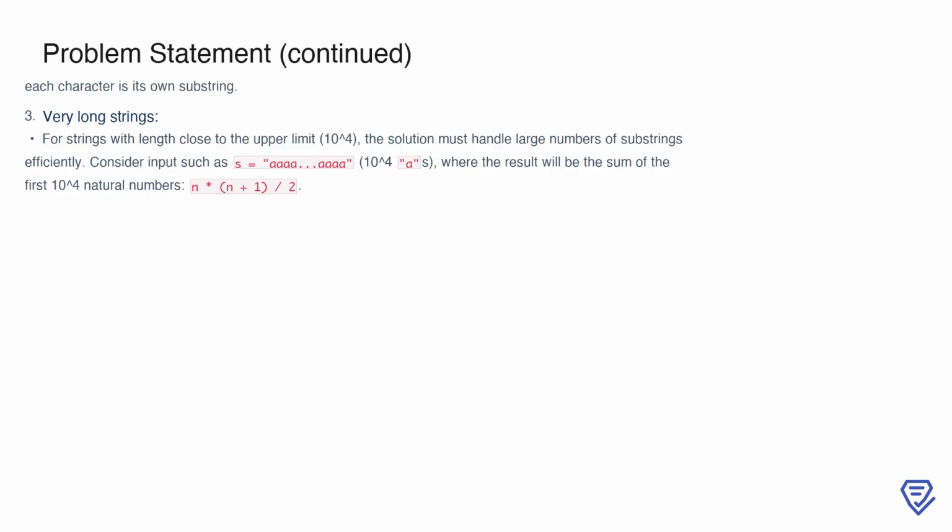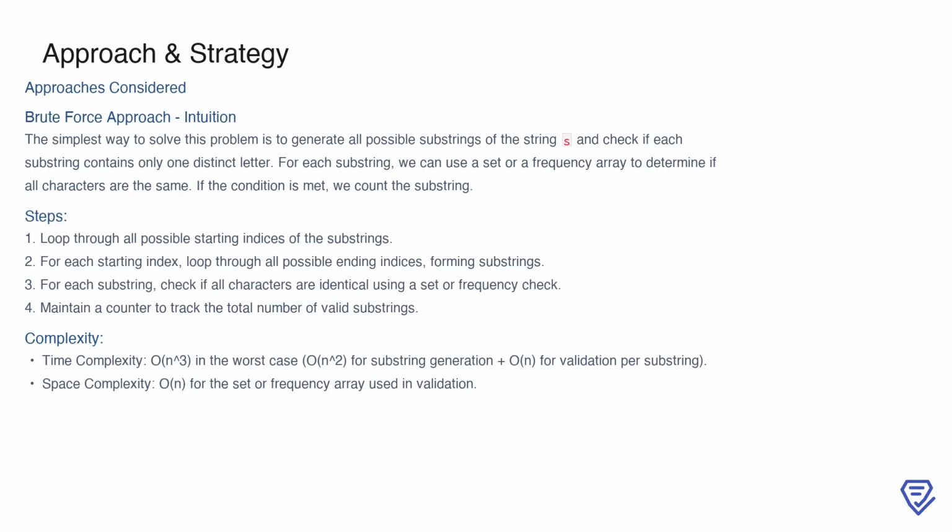To begin solving this problem, we can consider a straightforward brute force approach. The intuition here is simple: generate all possible substrings of the input string S and check if each substring contains only one distinct letter. For example, if we have the string AAA, we would generate substrings like A, AA, and AAA, and check if all the characters in each substring are the same.